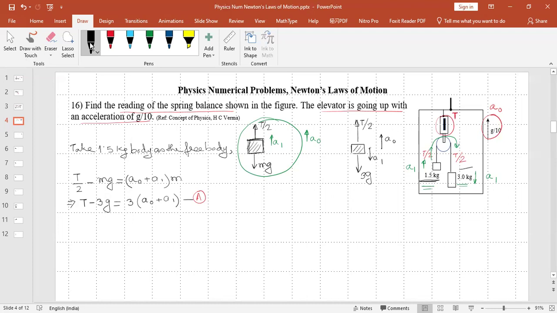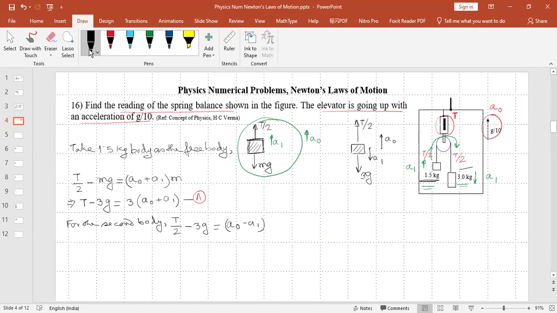So for the second body, the equation is T by 2 minus 3g is equal to 3 times A0 minus A1.